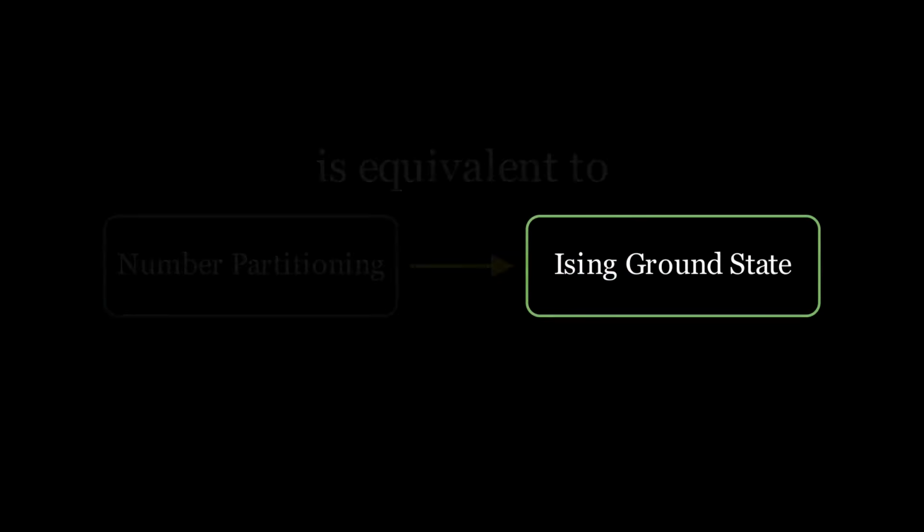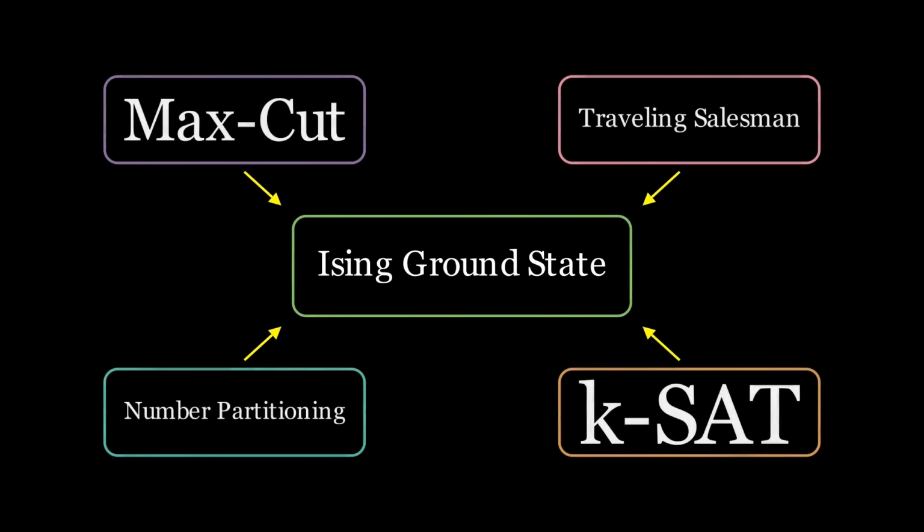And this isn't just a neat trick. The Ising model is like a master key. Many of the most notoriously difficult problems in computer science and operations research can be translated or mapped into the language of finding an Ising ground state.